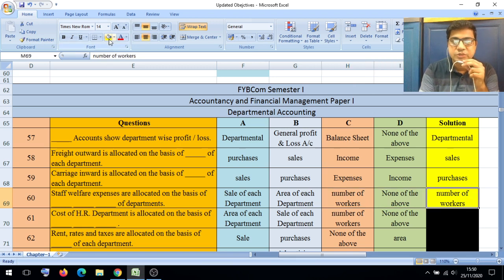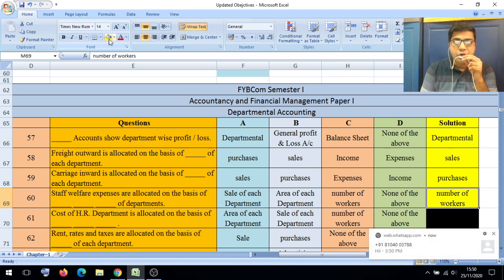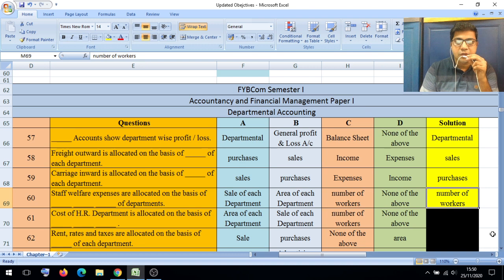Here the answer is number of workers. Staff welfare expenses mean the expenses related to the staff. How many workers are there, on that basis they will create the expenses. Therefore, the answer is number of workers.